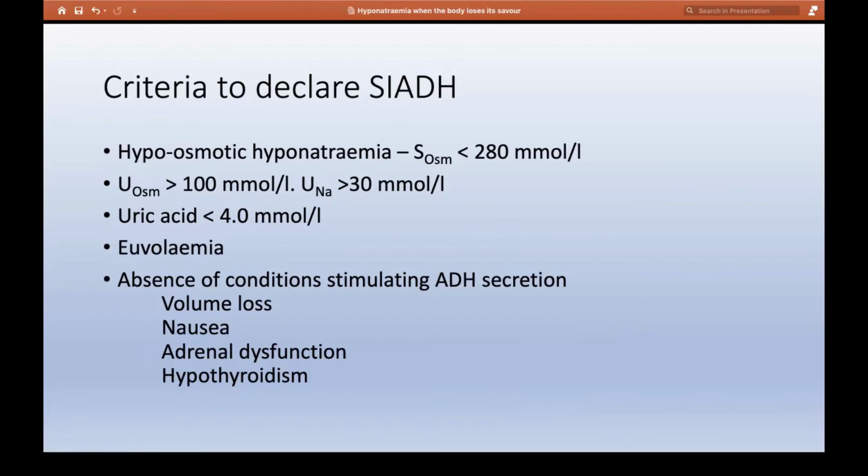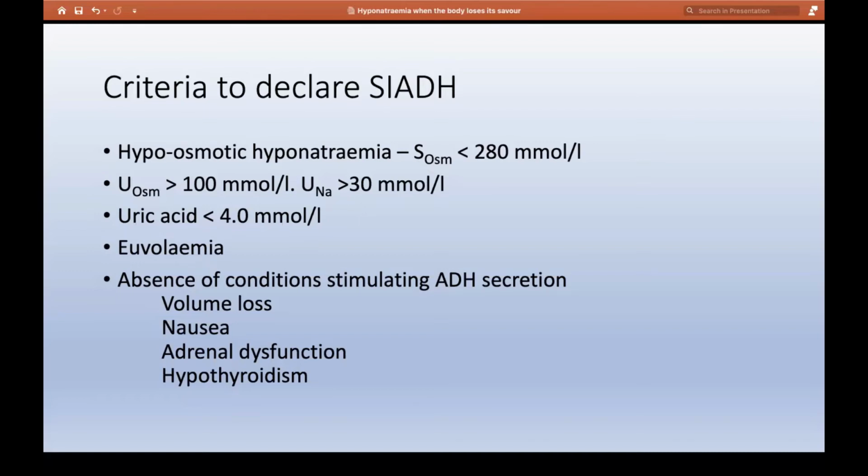And because there is antidiuresis, the urinary osmolality as well as urinary sodium levels will go up, because the urine will get concentrated. The body is trying to preserve water as much as possible. This is another thing, not used very much, but uric acid levels ought to be low in SIADH.